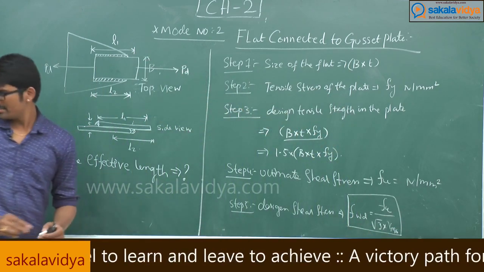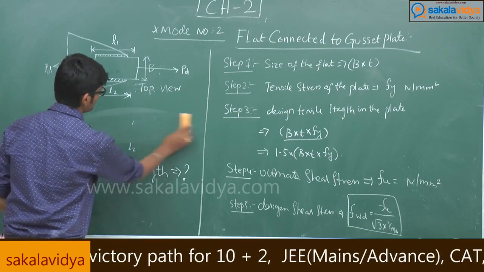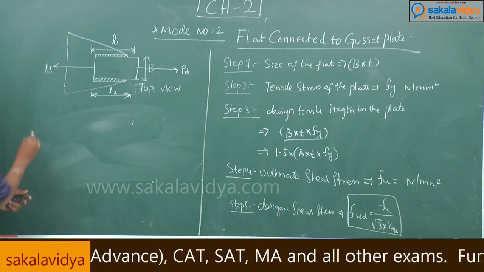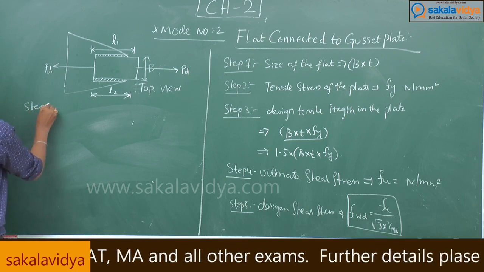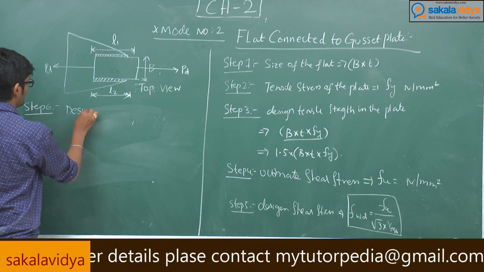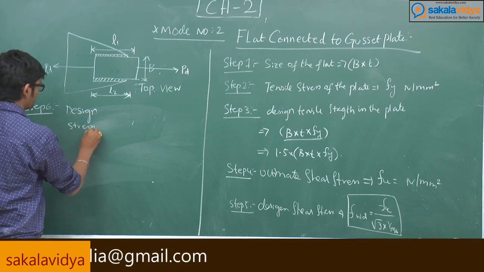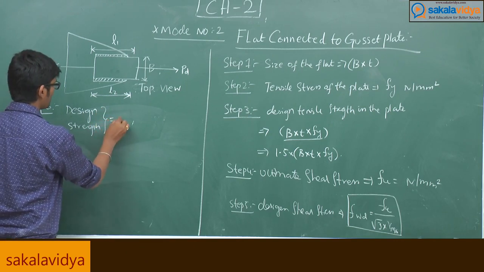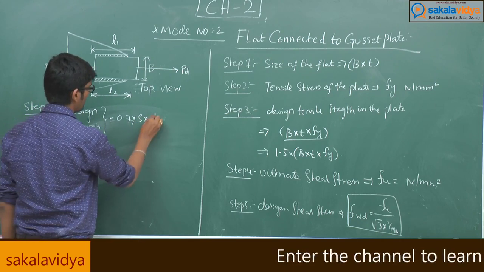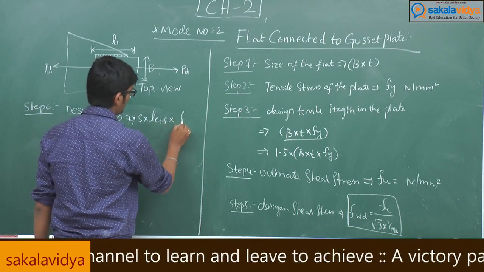The last step is step 6, that is design strength is equal to 0.7 into size of the weld into L effective into FWD.